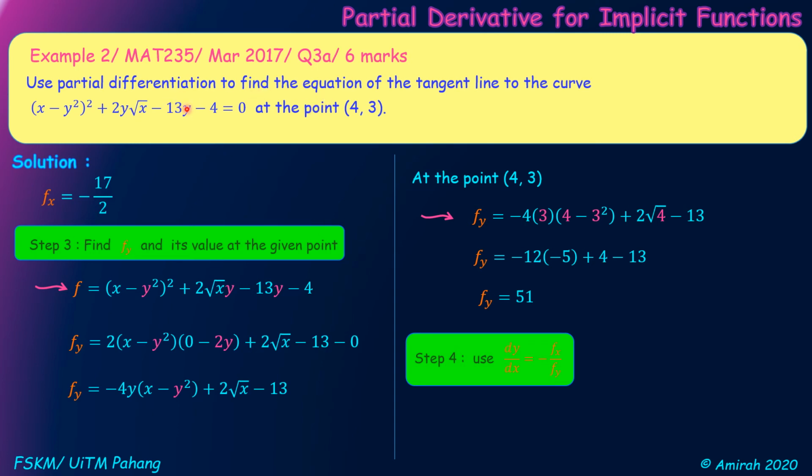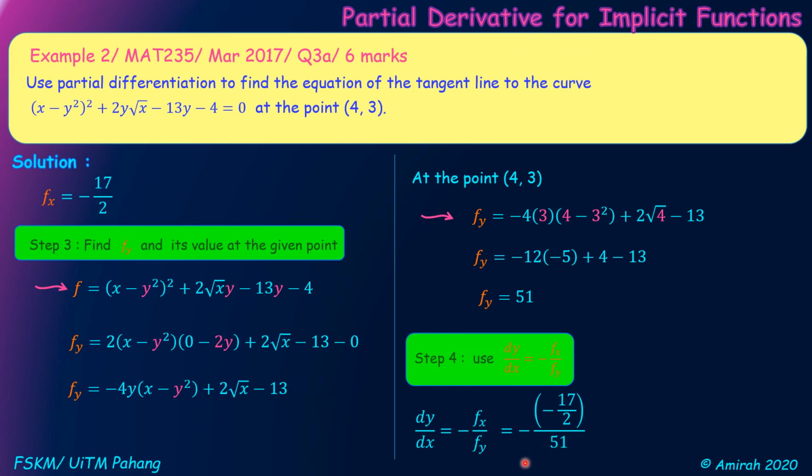Alright. Since the question is asking about the equation of the tangent line, we need to find the gradient first. Gradient means dy over dx, and dy over dx equals negative fx over fy. From the previous slide, we get fx equals negative 17 over 2. fy equals 51.